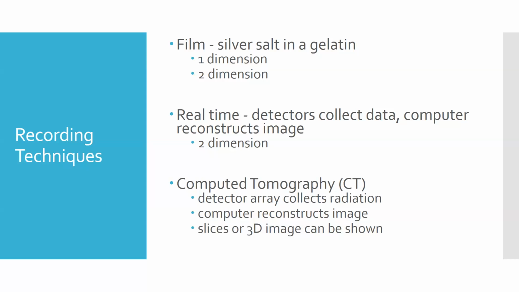These were either single or two-dimensional. What you've probably seen most often would be a two-dimensional image. Going back to the dentist example, the images you've seen of your teeth, or if you've ever had X-rays done at a hospital or doctor's office for a bone or a joint, those are two-dimensional X-rays where it gives you a picture of what you're looking at.